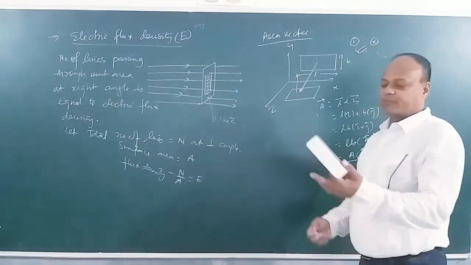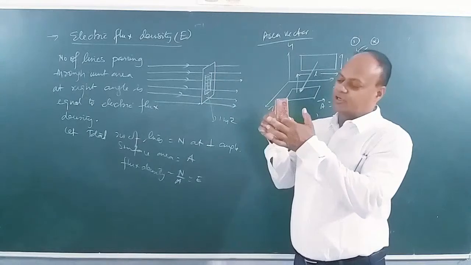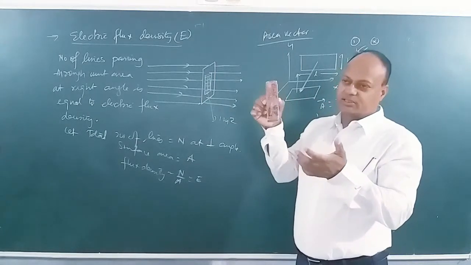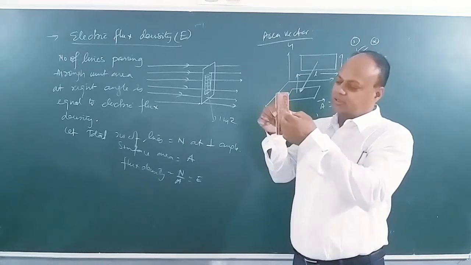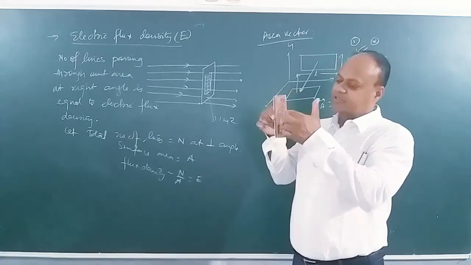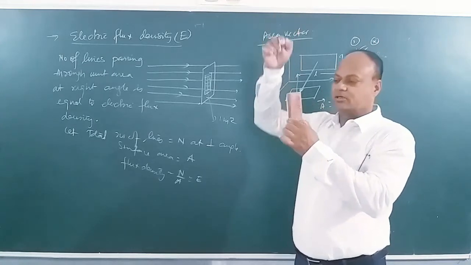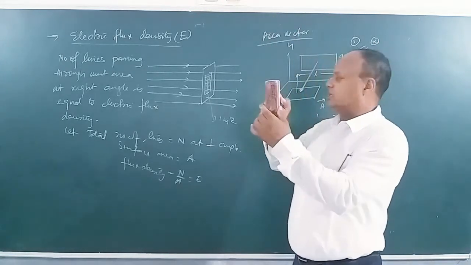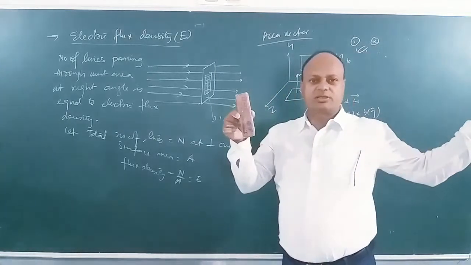Okay. Suppose I hold this duster in my hand. This of course is a three-dimensional object. For this surface, the area vector is like this. For this surface, area vector is like this. For this surface, area is toward the board. For this surface, area is towards the other wall.